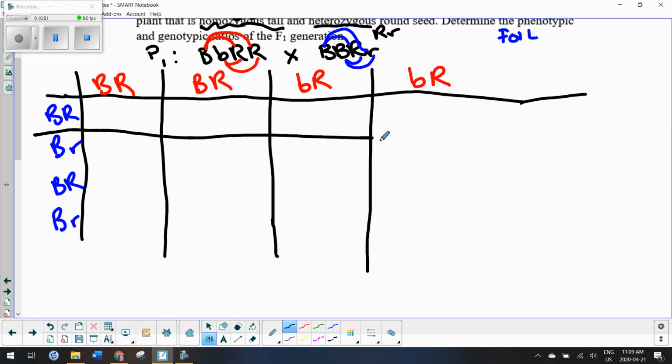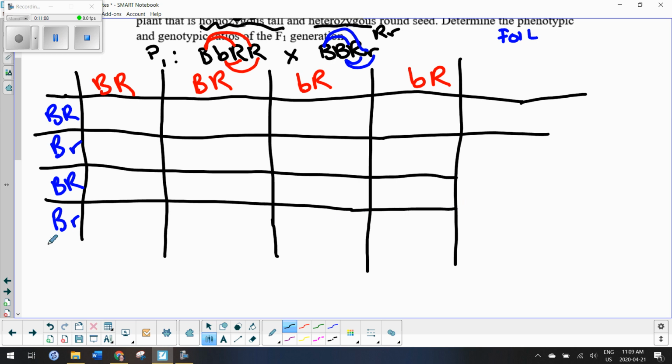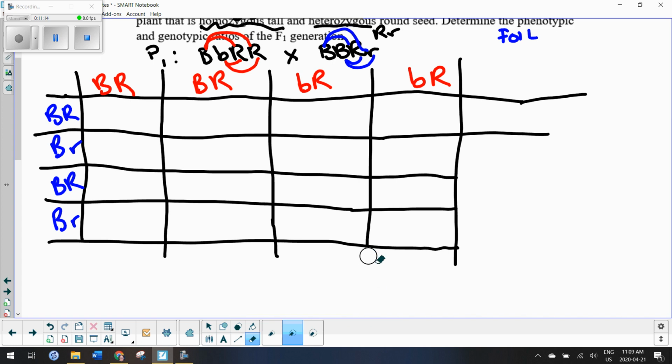Now you've just got to cross them. Okay, and I want to get rid of some of my lines. I'm sorry. A little messy.